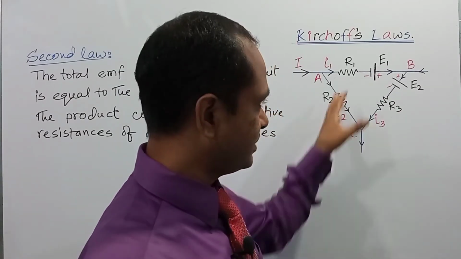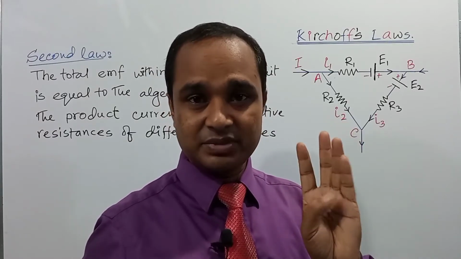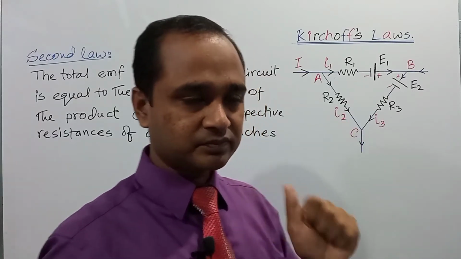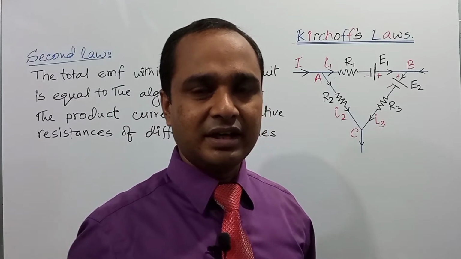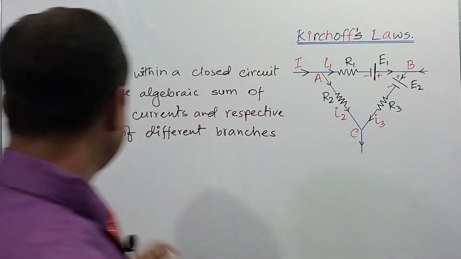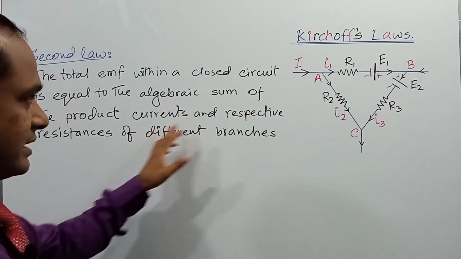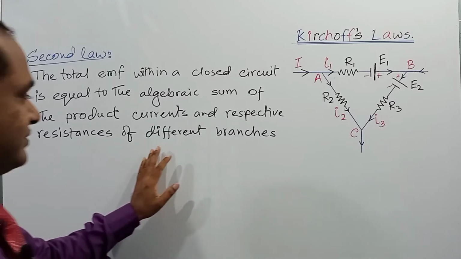So the total EMF of the circuit will be the algebraic sum of E1 and E2. Later on we will discuss the convention of direction of the EMF. It will be equal to the algebraic sum of the product of currents and respective resistances of different branches.